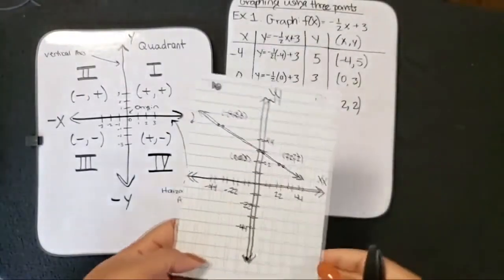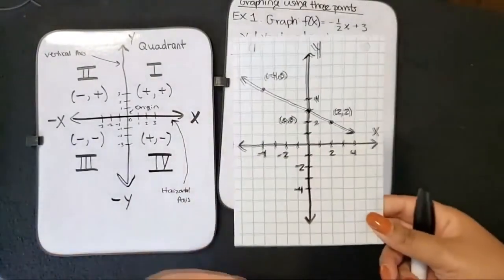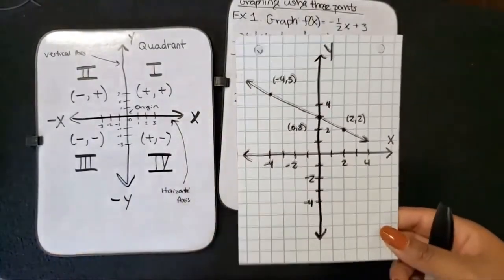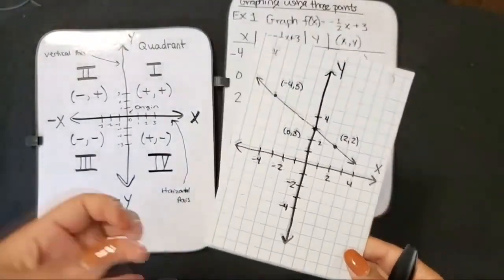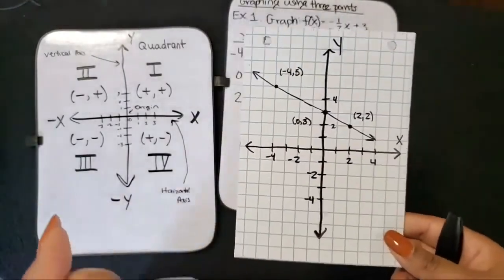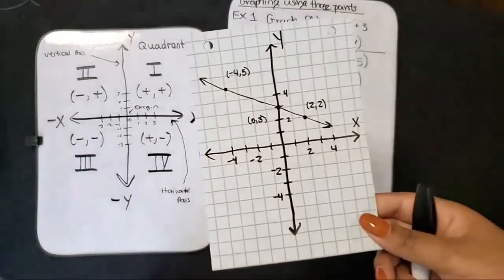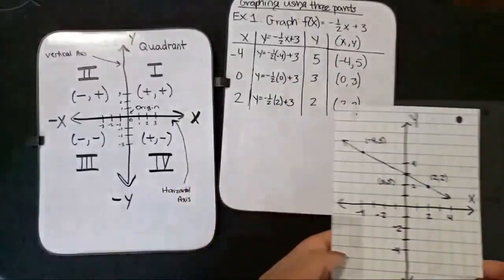All right. And when you guys are doing this, please use graph paper and please use a ruler so that your lines are as straight as possible, so that when I am looking at your pictures, I can tell if you fully understand how to plot the points and all of that.